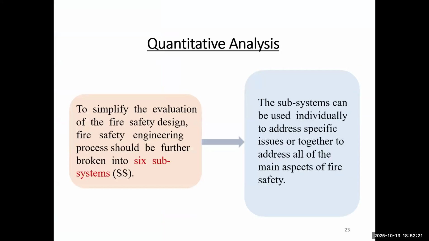After the QDR, we move into the QA, that is the quantitative analysis. To make this complex task manageable, BS 7974 breaks it down into 6 subsystems. We can use these subsystems individually to solve a specific problem, or we can combine them together to analyze the entire fire safety strategy of a building.